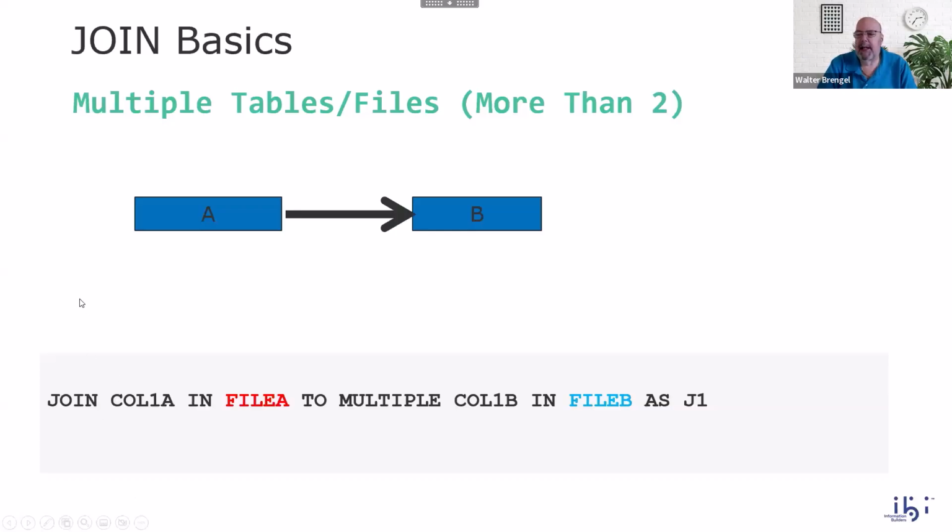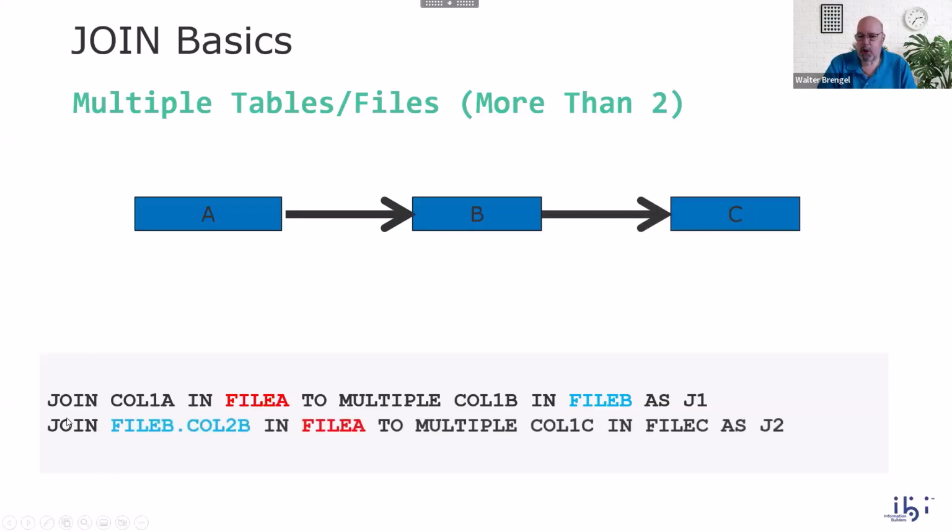So what I have to do then is say join file B dot col2b. So I'm taking a field in column in table B, but I'm saying it's in file A. And technically it is because we have the first join. And then we're going to multiple column C.